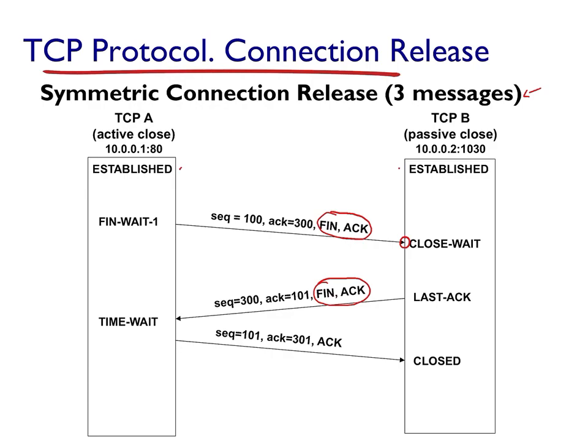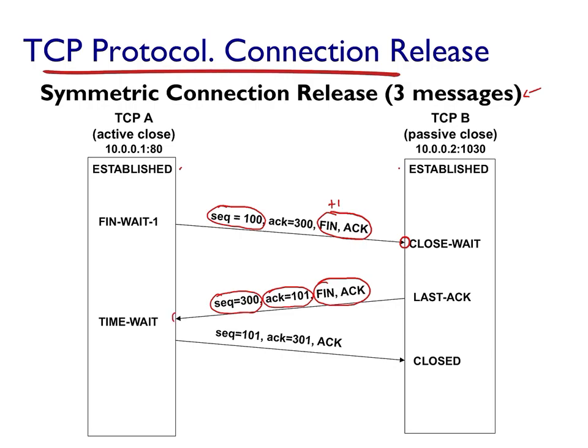ACK back with sequence number 300 and ACK 101, because I have received sequence number 100 plus 1 because of FIN. So this process of adding one virtual byte is the same in the case of FIN as in the case of SYN.